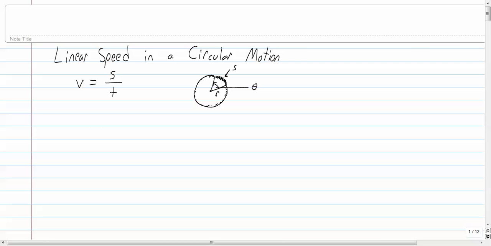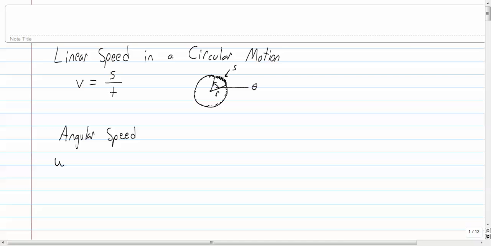And so we could also, if we're going in circular motion, look at the angular speed. And the angular speed would be the speed that the angle is traveling. And so the variable we use for angular speed is the Greek letter omega. It looks like our lowercase w.